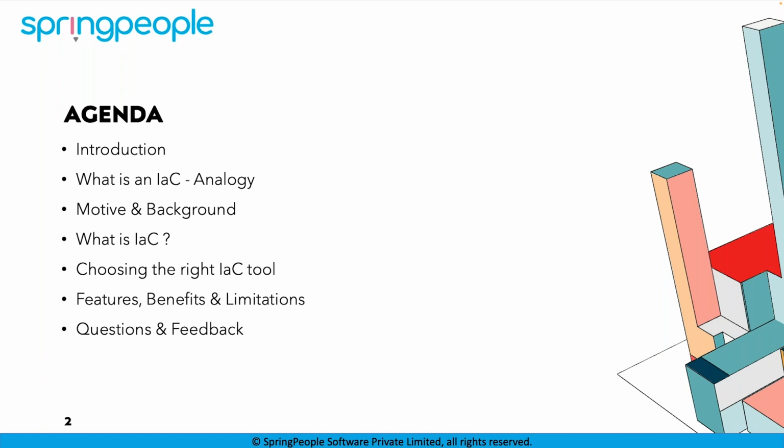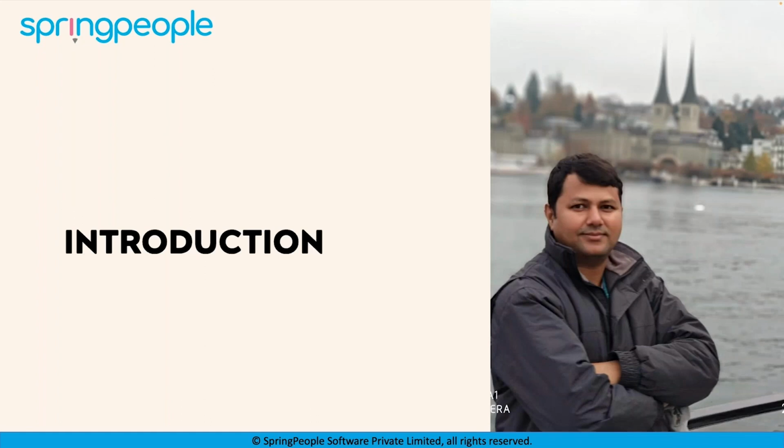And then what is IaC and how many tools are there? There are different types of tools used for different purposes with IaC as a concept. And then some of the features, benefits, and the limitations. And then I'll open the forum for questions and also feedback. That's me.